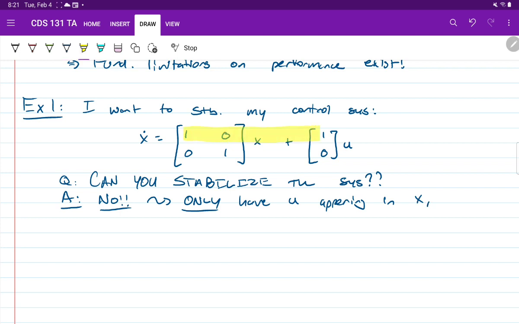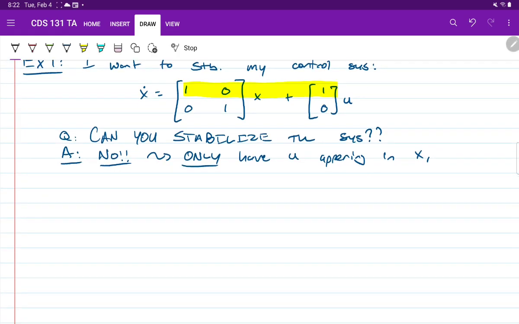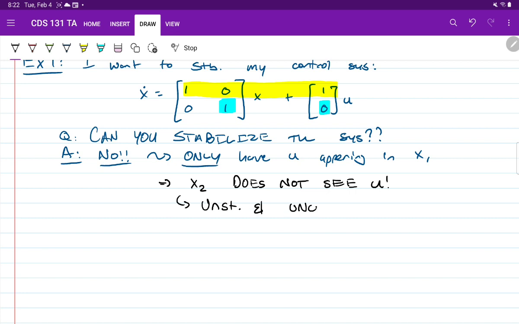The second component of the system is entirely decoupled from the input. x2 doesn't see any form of input; x2 does not see the input u. This lands us at the basic problem where maybe we could stabilize component x1 of our system, but x2 is unstable and completely uncontrollable.